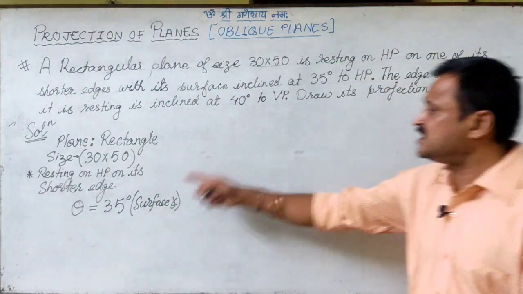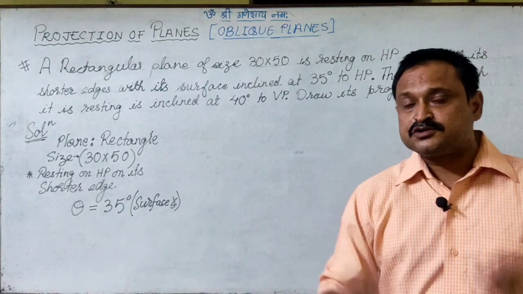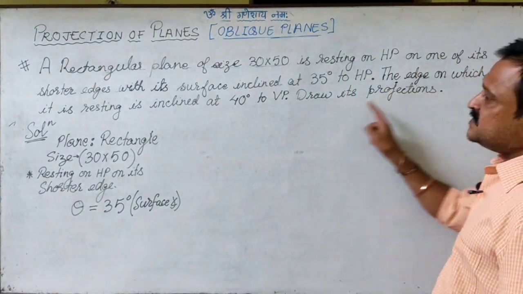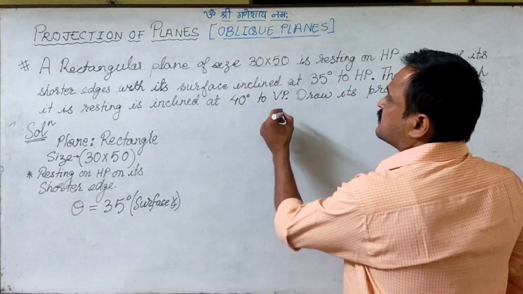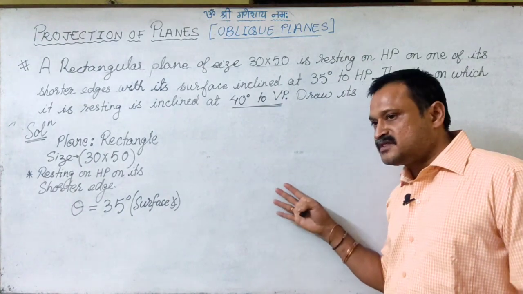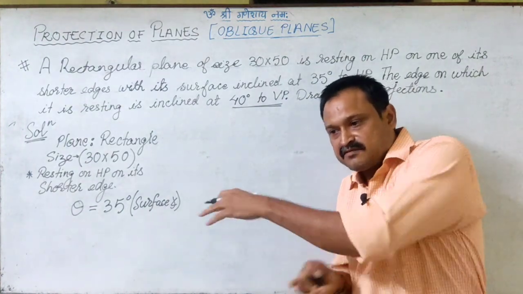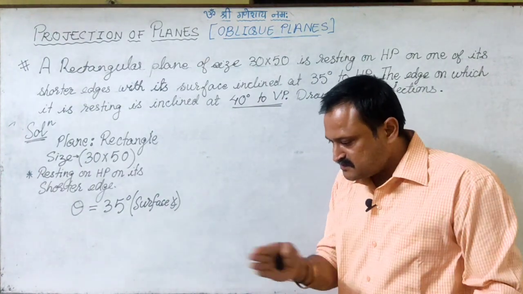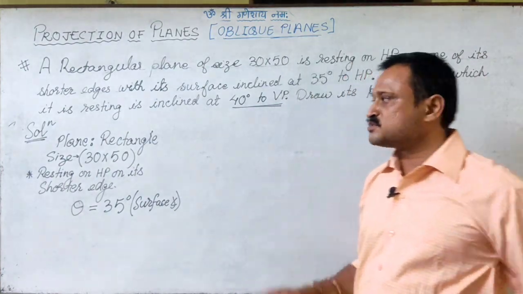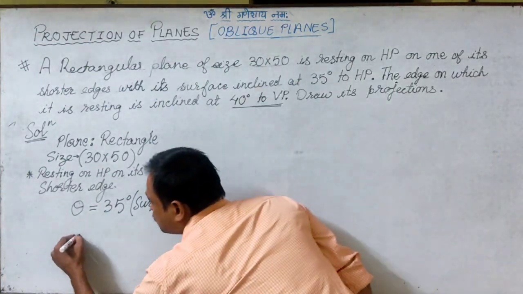The moment we identify it, we will always write it this way so that there is no confusion. And the edge on which it is resting is now inclined at 40 degrees to VP. Inclination with the vertical plane will be visible in the top view. So this inclination is phi.